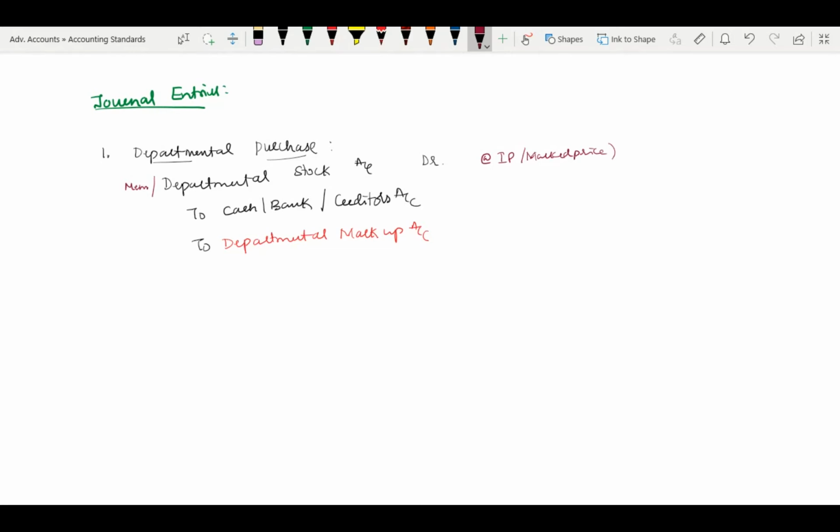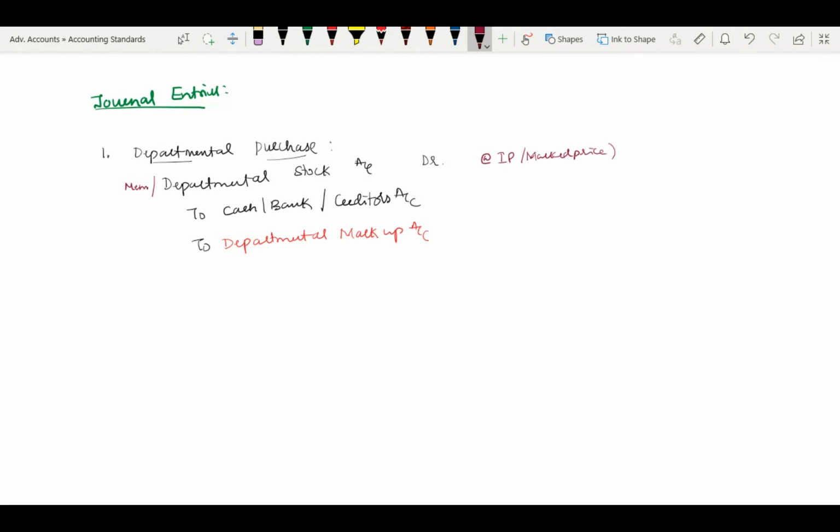Suppose you purchased for 100 rupees and sent to the department at 150 rupees. The normal entry for a purchase is purchase account debit to creditor or cash or bank account. If it is a cash purchase, the cash account will be credited; if it is a credit purchase, the creditor account. But for the supplier, we have to give only the cost, not the profit.